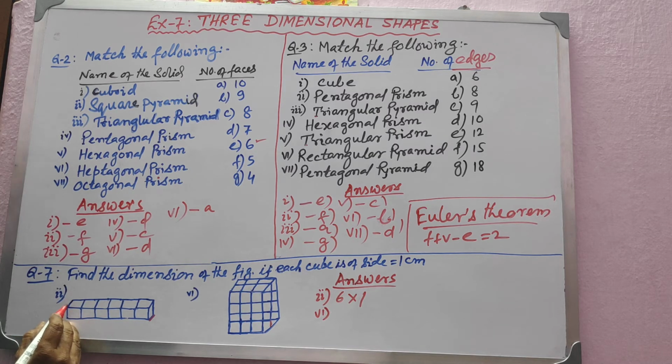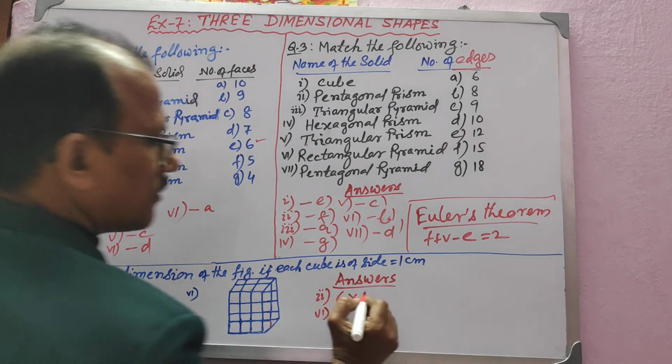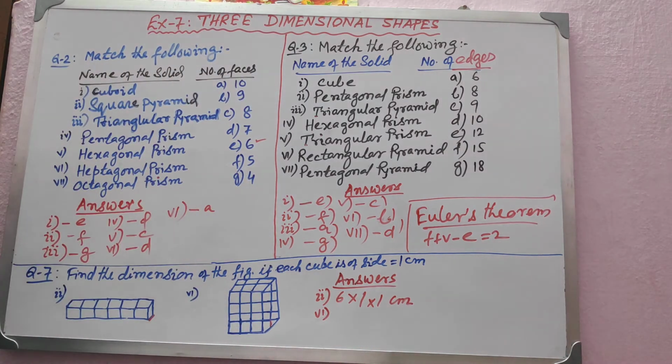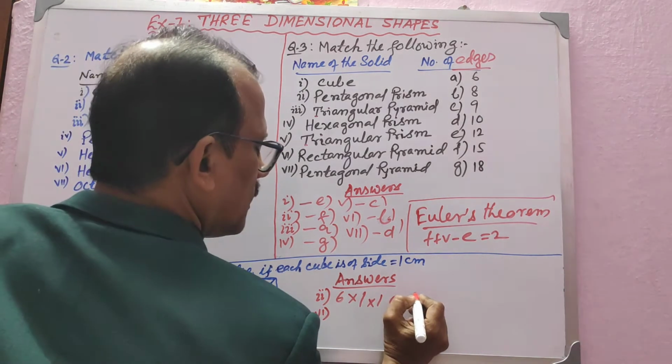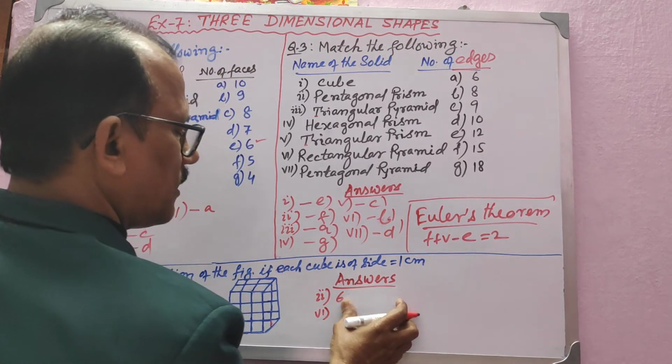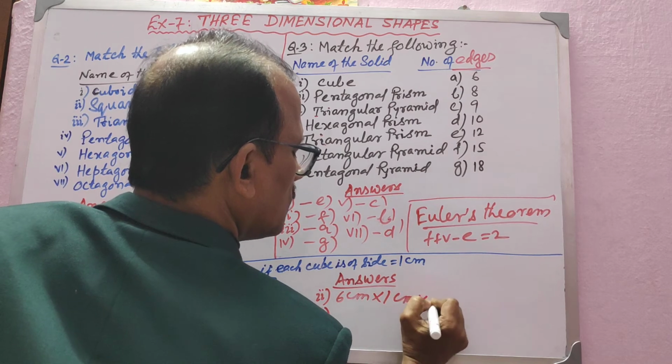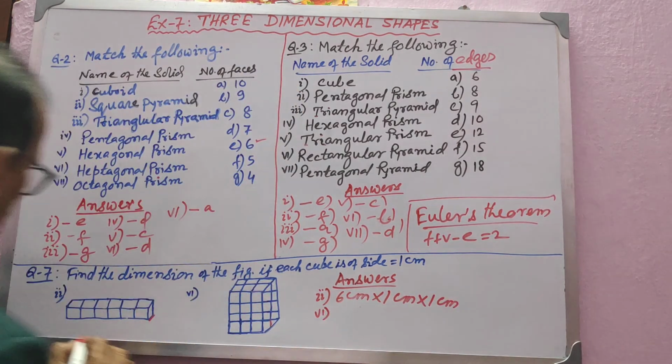So it will go with 6 into 1 into 1 centimeter cube. Actually, you are supposed to write 6 centimeter into 1 centimeter into 1 centimeter. I hope you have got it.